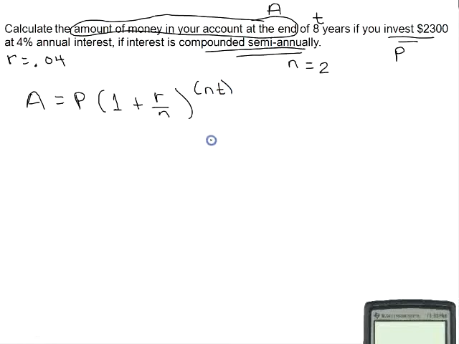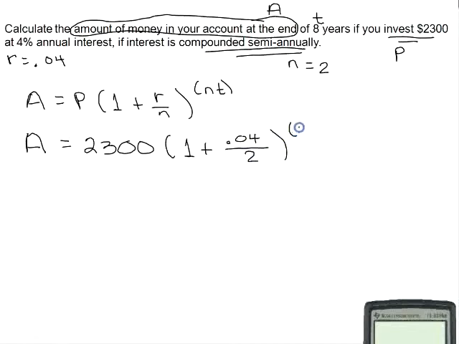We're trying to find A. We know that we are investing $2,300, so P is $2,300 times parentheses 1 plus 0.04. Interest is compounded semi-annually, so N is 2. And this is raised to the parentheses 2 times a year times T is 8 years.